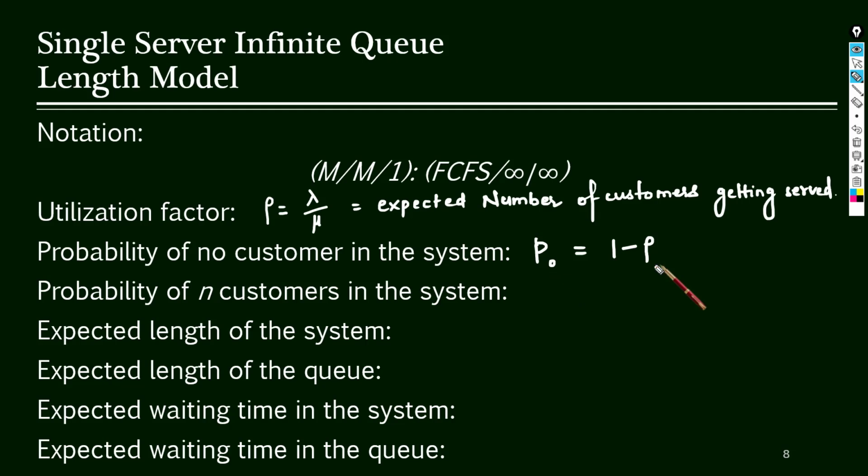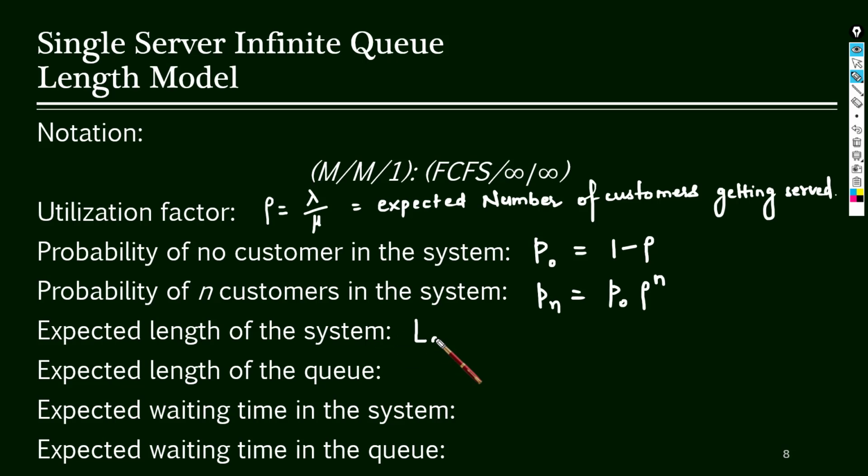So what is the probability of no service? That is 1 minus rho. Now the probability of n customers in the system is denoted by Pn, and that is given by P naught into rho to the power n, where P naught is 1 minus rho. Clear?